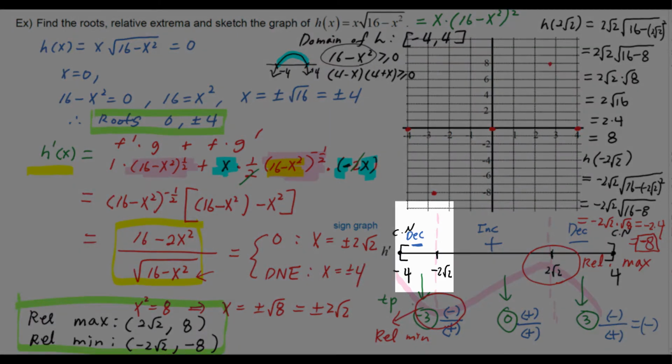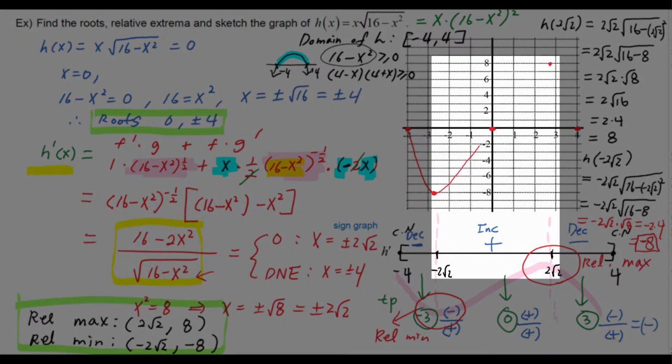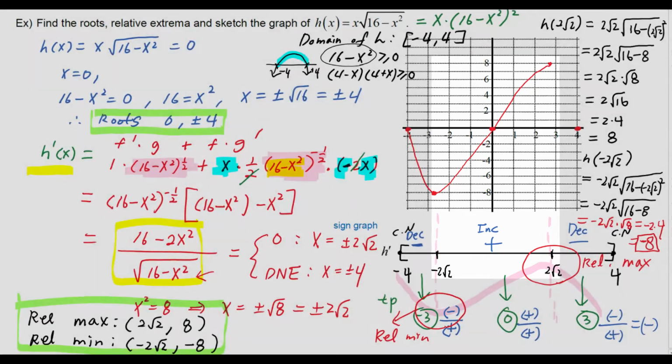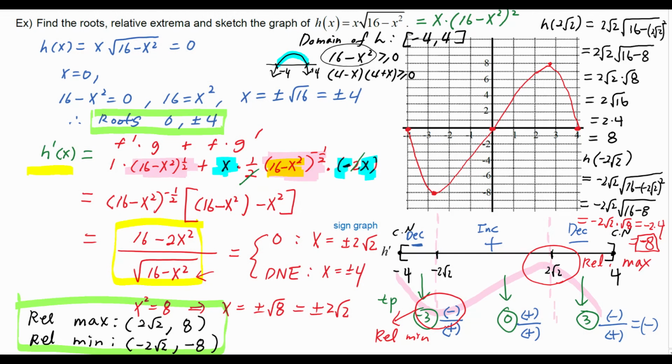And my graph is decreasing from negative 4 to negative 2 radical 2, and then it increases up to that point. And then it decreases again after this critical number, after this relative maximum. So here is my graph.